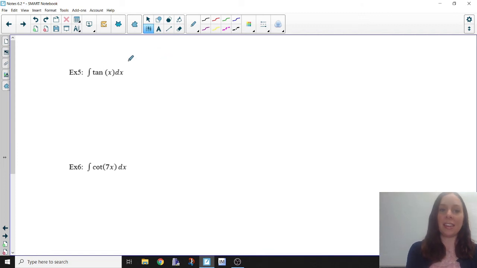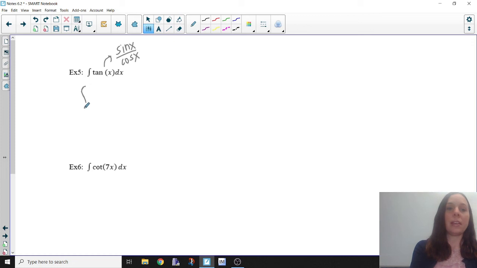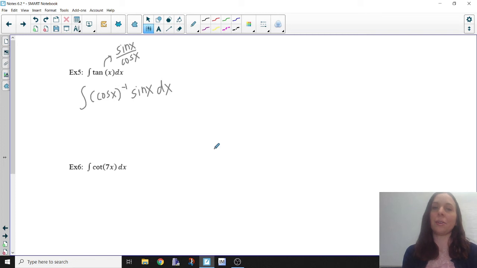But tangent is the same as sine over cosine, or it is cosine to the -1 times sine. So we can rewrite the integral of tangent x dx as cosine to the -1, okay, that's just bringing the cosine out of the denominator, times sine of x.